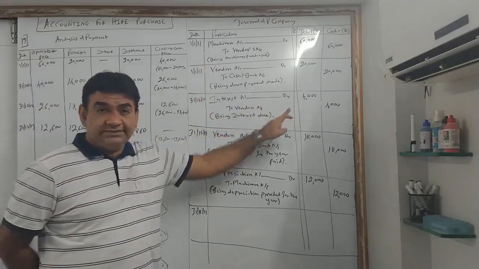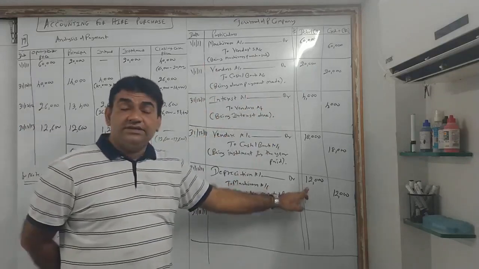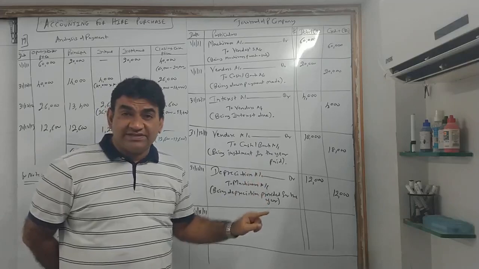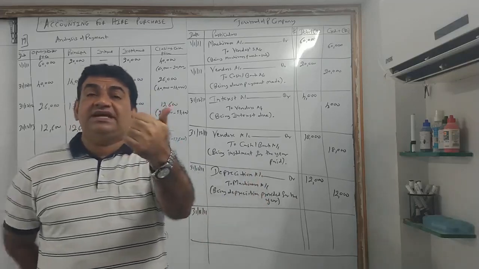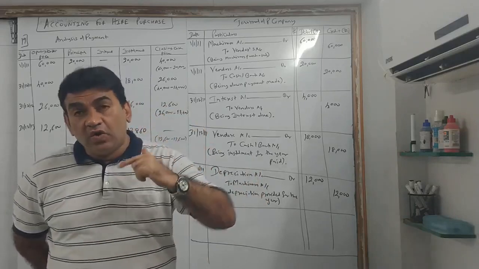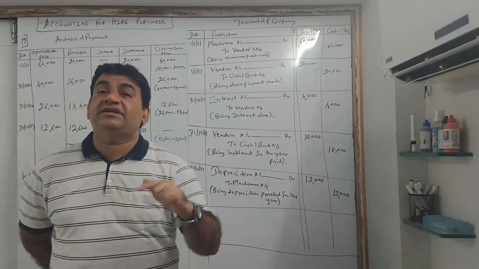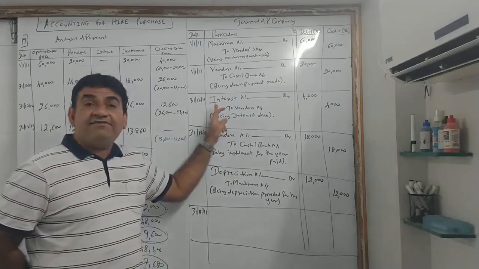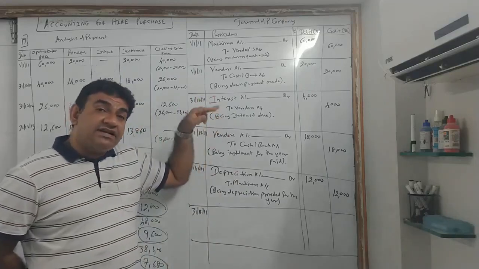Interest 4,000, depreciation 12,000. So can I say interest and depreciation, these two are the expenses. Final accounts' adjusting and closing entries: at the end of the year, all expenses and income have to be transferred to P&L. So interest I have debited, I will transfer it to P&L.